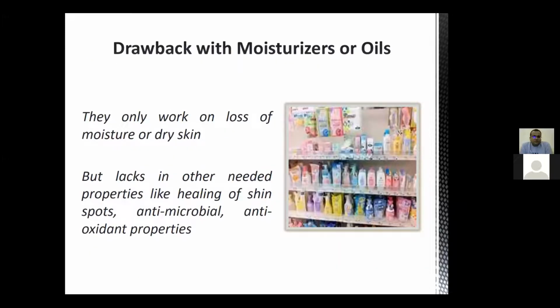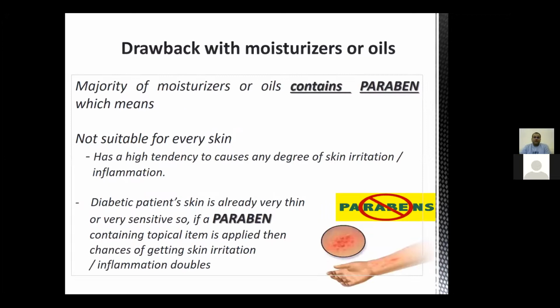Drawback: they work on loss of moisture or dry skin, but lack other properties like healing of skin spots, antimicrobial and antioxidant properties. Most of the moisturizers and oils contain paraben, which means they are not suitable for every skin, with a high tendency to cause a high degree of skin irritation or inflammation.